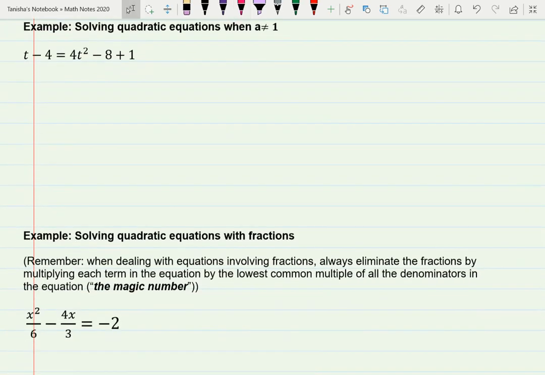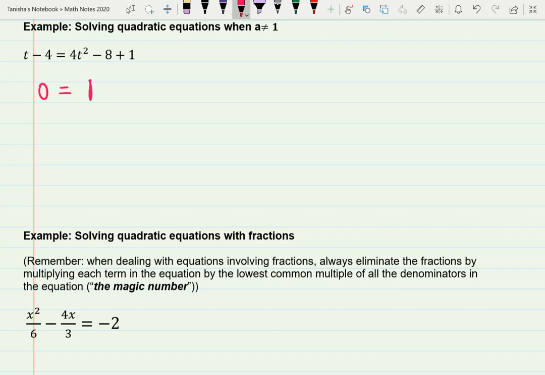For this example here, instead of moving our terms to the left side of the equation, let's move them to the right side. And again, I would choose to do this simply because I have more terms on the right than I do on the left, but it doesn't matter what side you choose to move your terms to. Okay, so just trying to be different here.